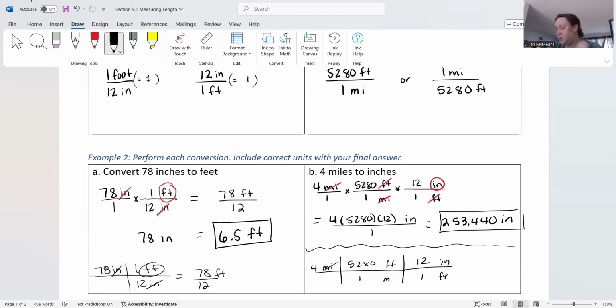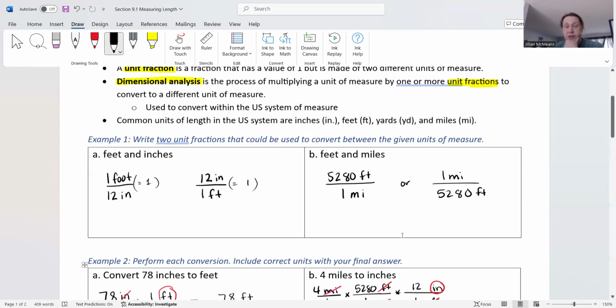They would fill in the numbers, they would cancel stuff, and then they would just multiply across. So they would still get the same exact answer. They may just do it as a grid instead of multiplying individual fractions. They mean the same thing, so don't be alarmed if you see the grid that I showed you down here below. All right, so that is it for converting length in the US system.